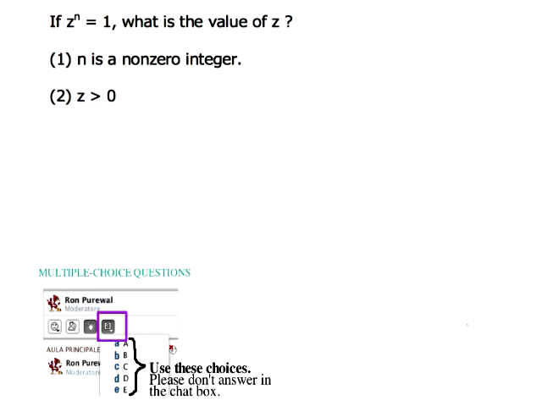Because each of these things looks like it's taking away possibilities. At least it should look like that to you. And these statements look like they are taking away possibilities.